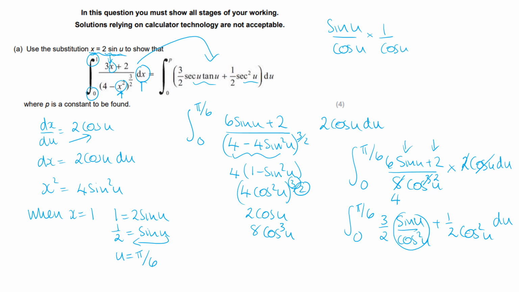So that's actually going to be our 3 over 2 sec u tan u, and then plus half over cos squared, or 1 over 2 cos squared, which will be a half. Cos squared on the bottom, on the top will be sec squared u du. So there we've done it, and we've just got p is equal to pi by 6.